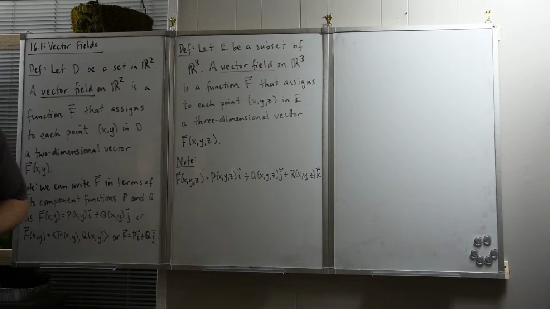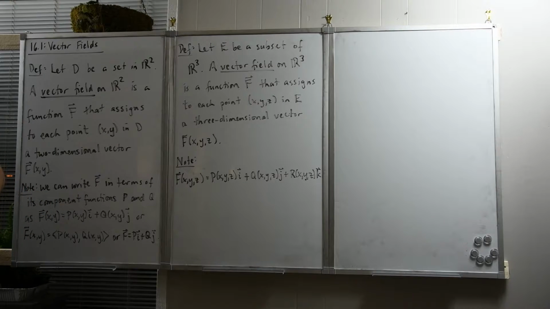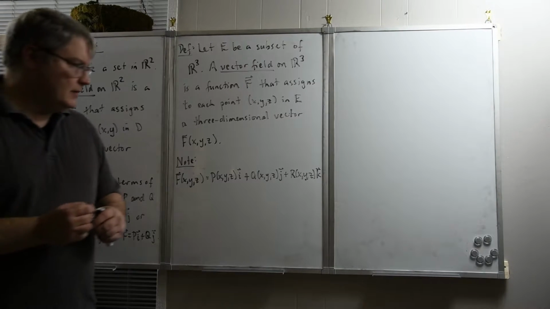Now, these vector fields can model all sorts of different things. One example that you might see is you can model things like wind speed and direction. Ocean currents is another.